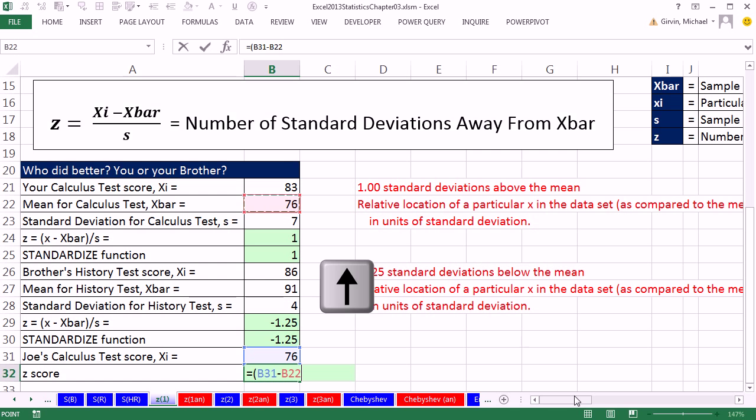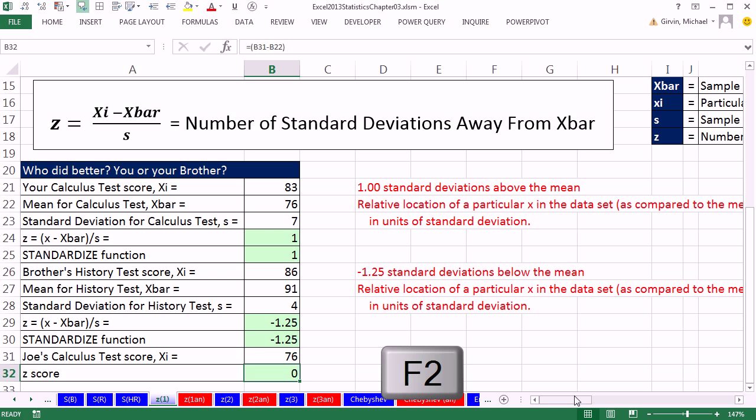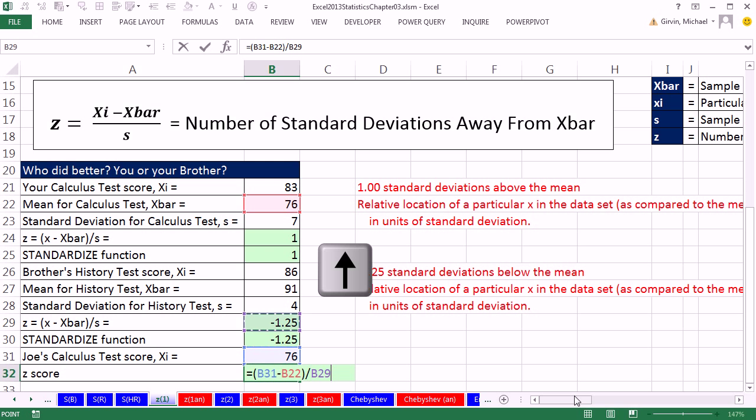Now this one we can visually see without even calculating. The deviation, 0. He got exactly equal to the mean. F2, and when we divide this by the standard deviation for the calculus test, we still get 0. A Z of 0 means you are exactly on the mean.